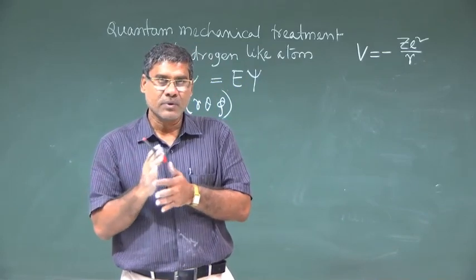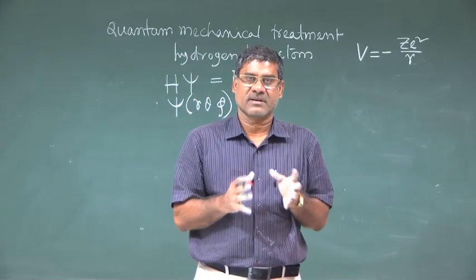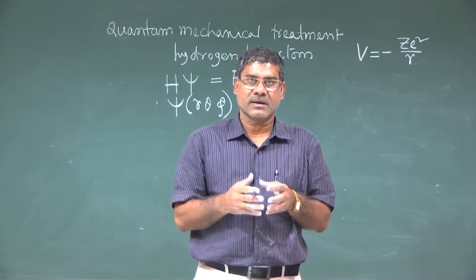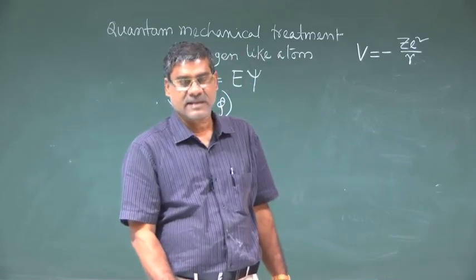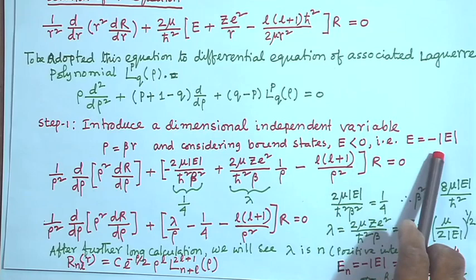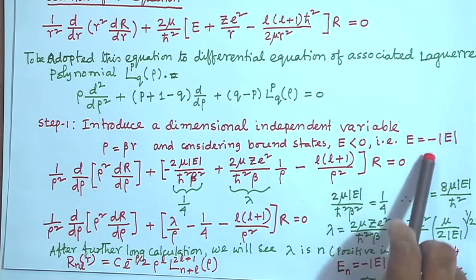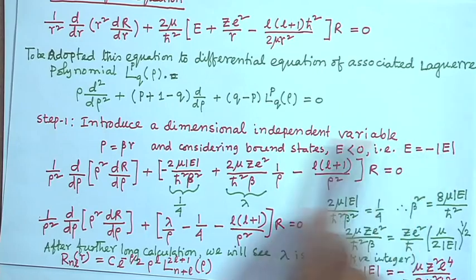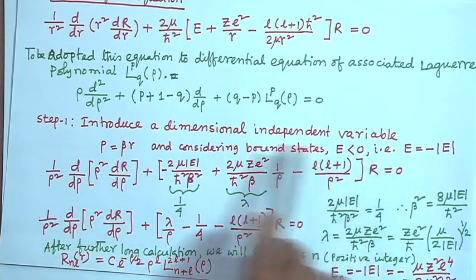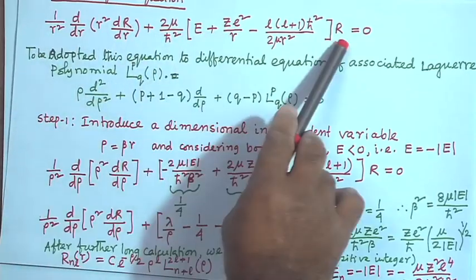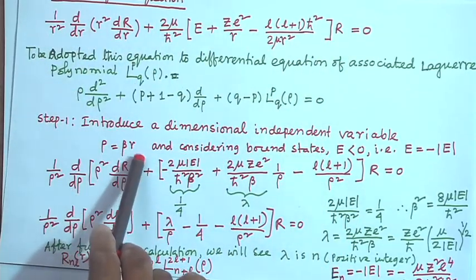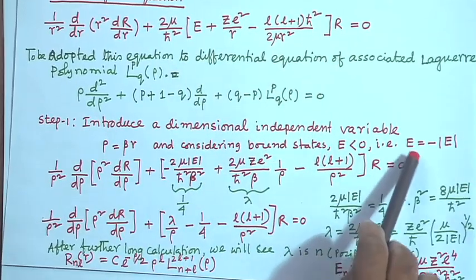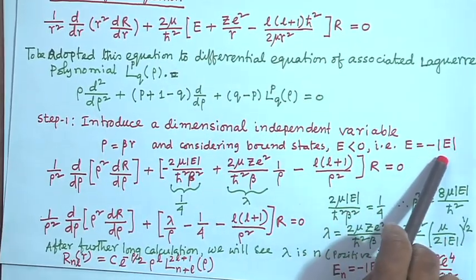We are interested in the bound state for our system. That is why we will consider that E is less than 0. That means I can write E as minus mod E. So, considering this, we put rho equal to beta r in this equation, and E equal to minus mod E.